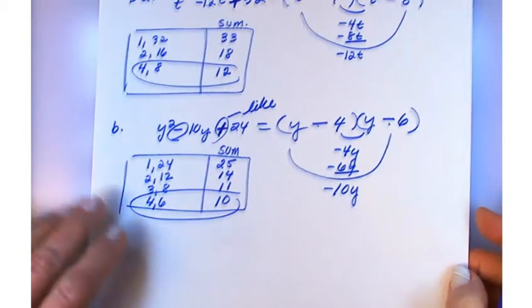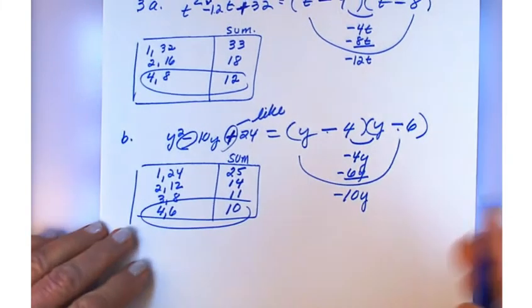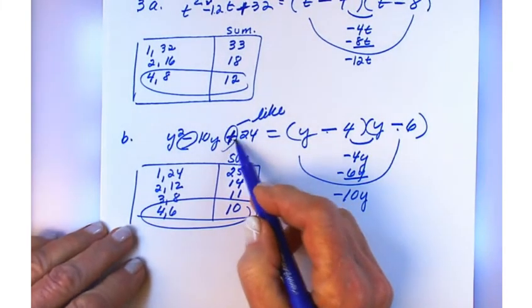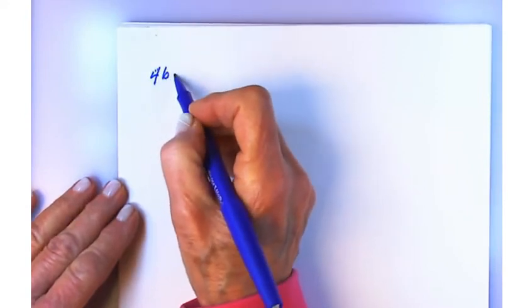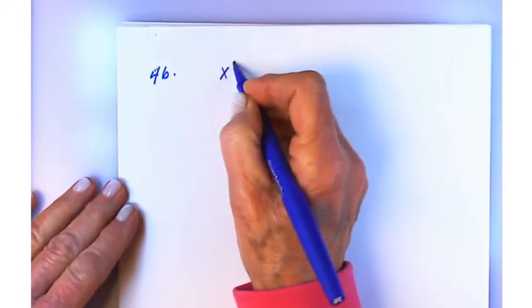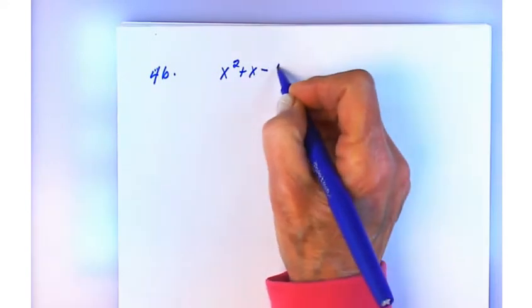So now let's look at the situation if this is negative, everybody. If it's negative, a little different ball game. 4b, x squared plus x minus 42.